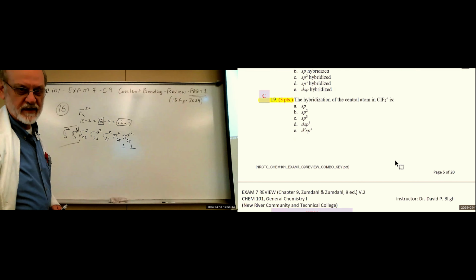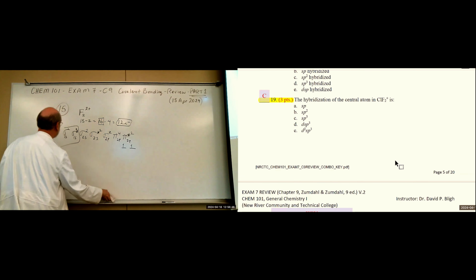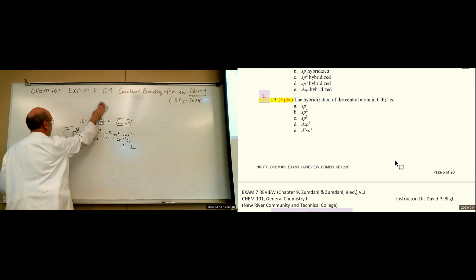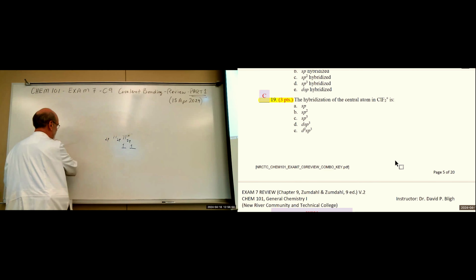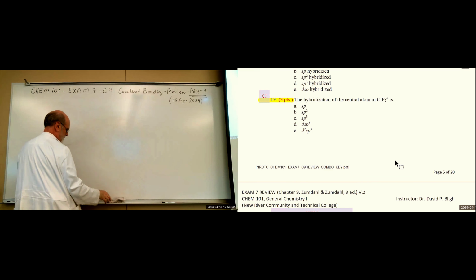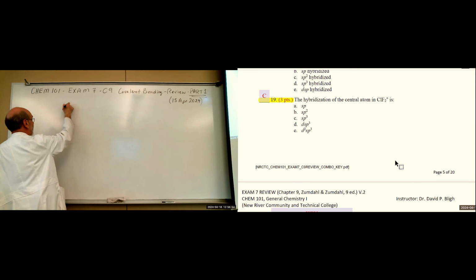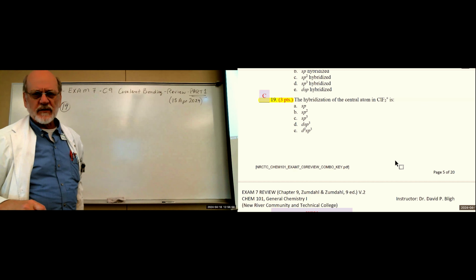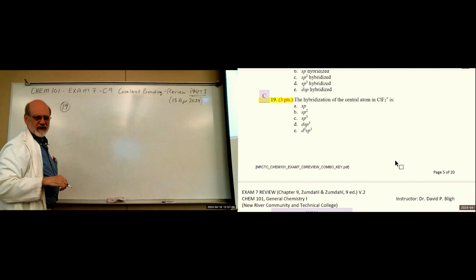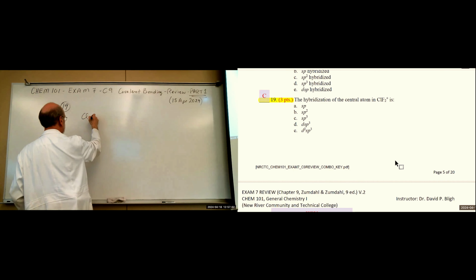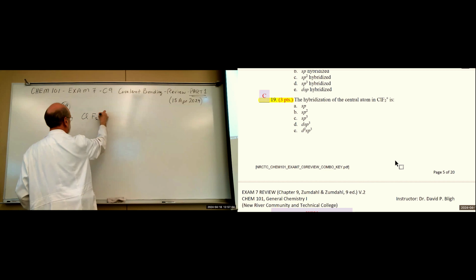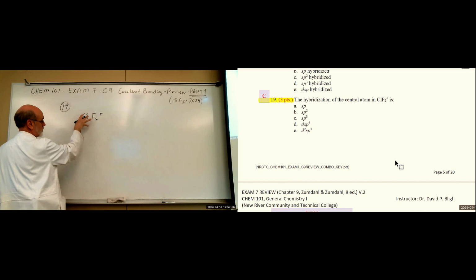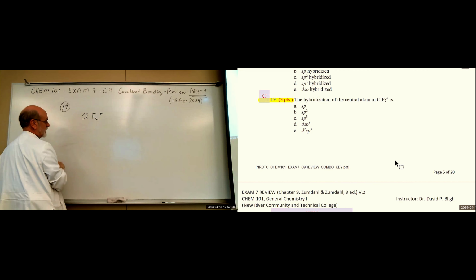Moving on. Number 19. Let's see, the hybridization of the central atom in ClF2 plus. Now I assume from that formula that the central atom is chlorine.